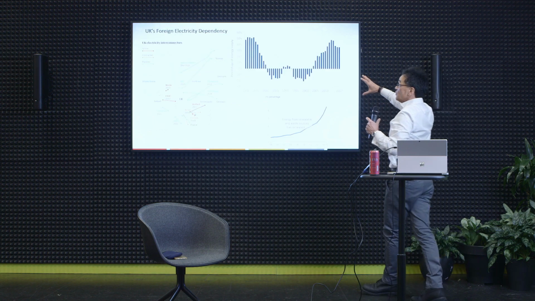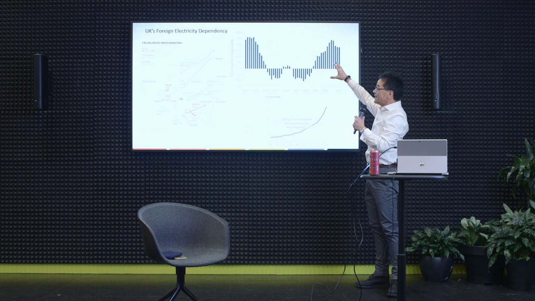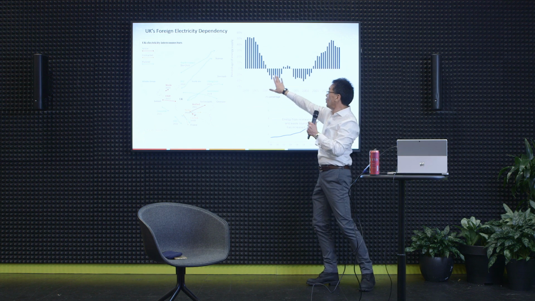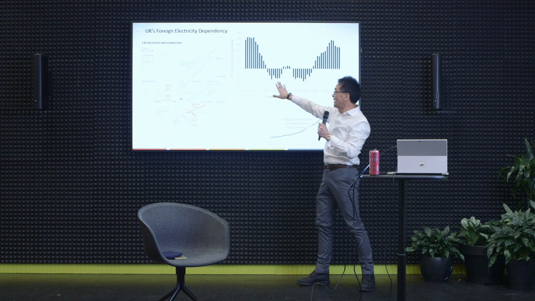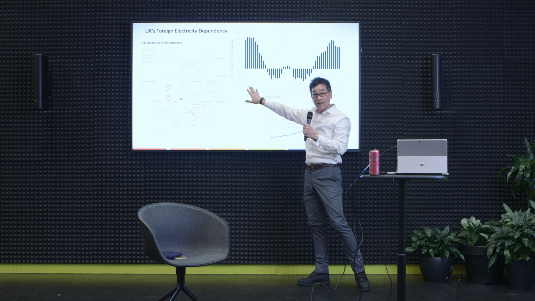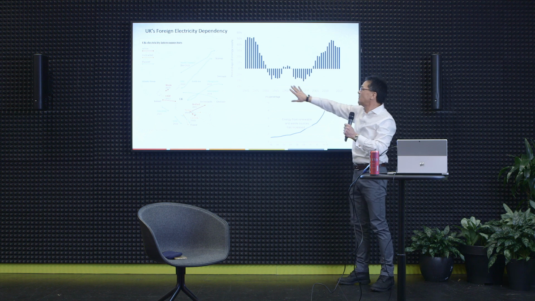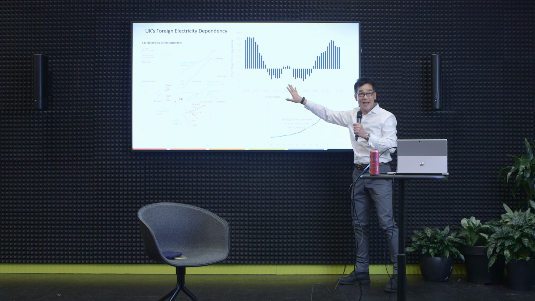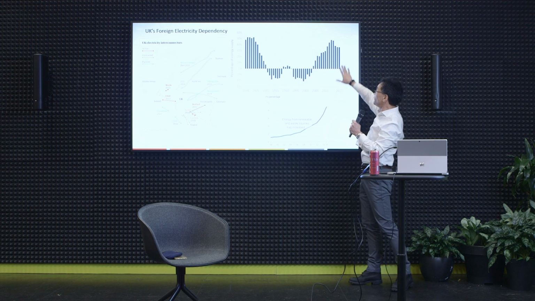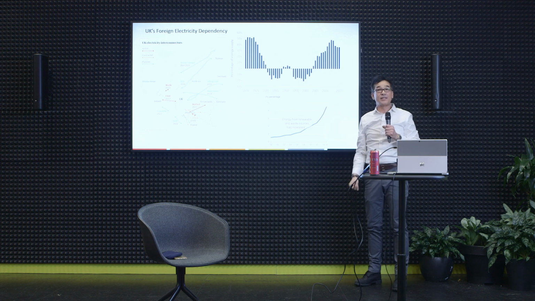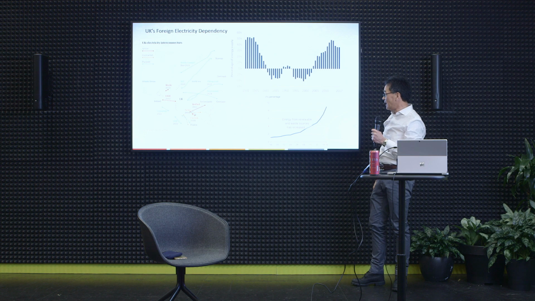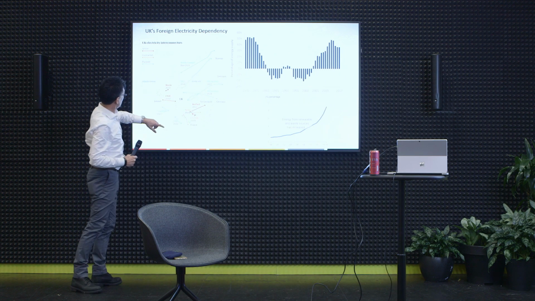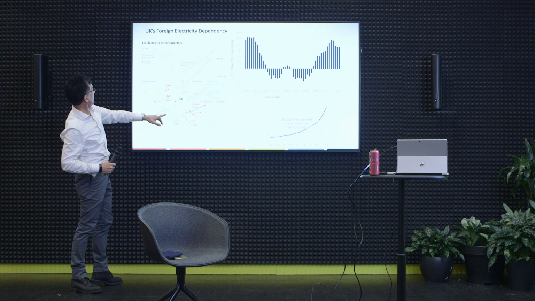Now, this is a UK-centric thing. You can see that before the North Sea gas and oil, we had a huge dependency on foreign electricity imports. Then it changed during the big production of North Sea gas. But now in 2017-18, we've gone back to this huge dependency on electricity from foreign imports.